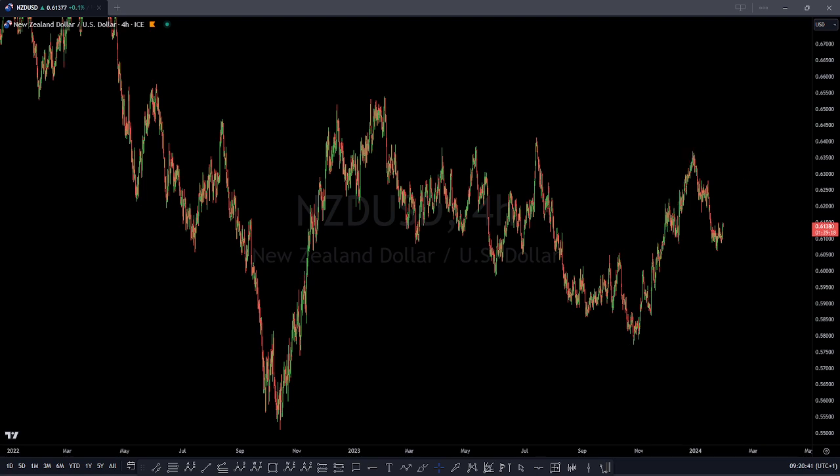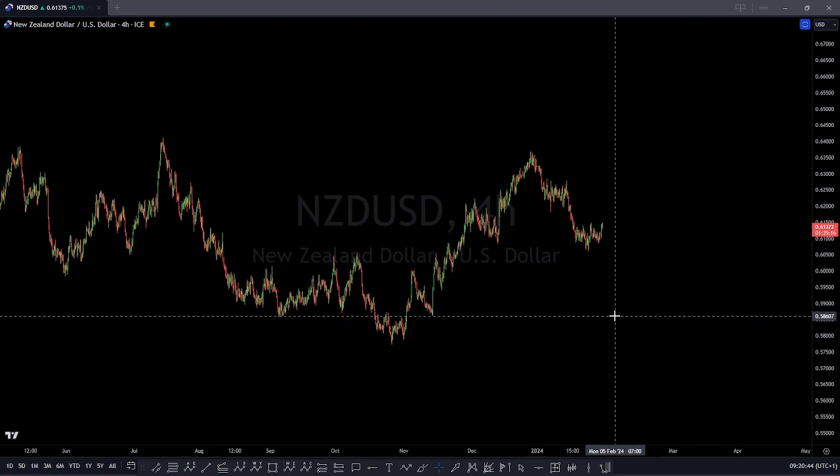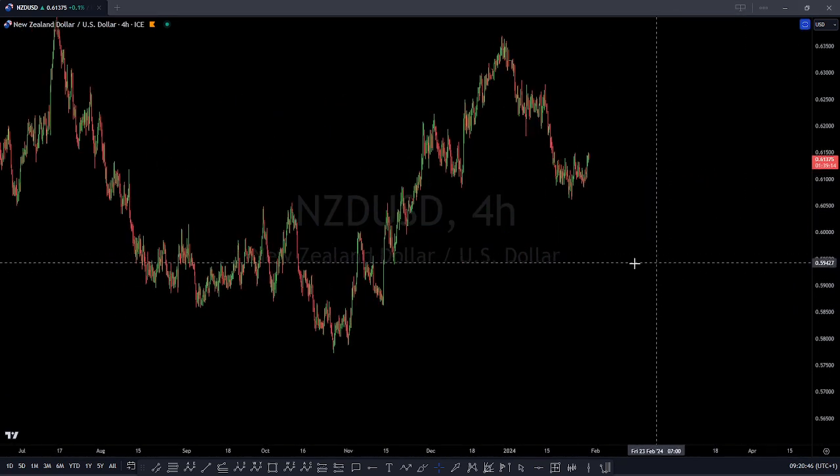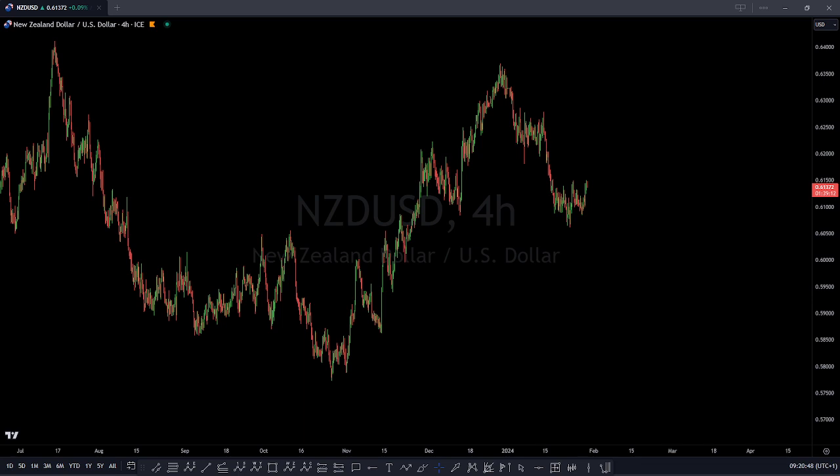After the five-wave move, the market has made a clear three-wave move structure here. That's why I said this is our chart of the week, because this looks ready to go to the upside. So this is very tradable. This could be a three-wave move structure, and we are ready for a big move to the upside on the New Zealand US dollar.